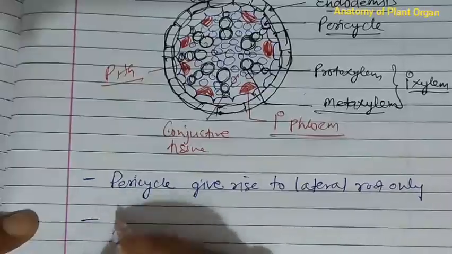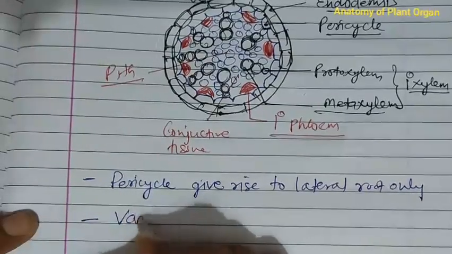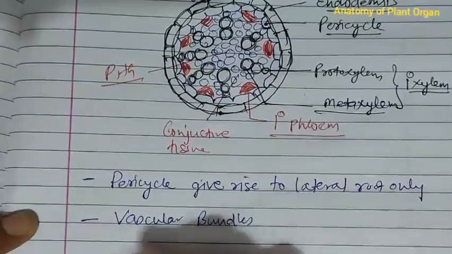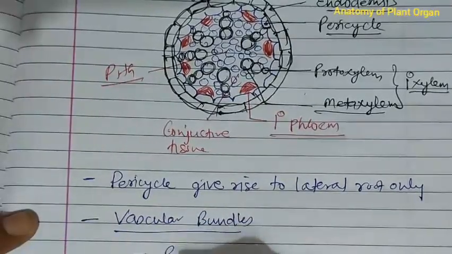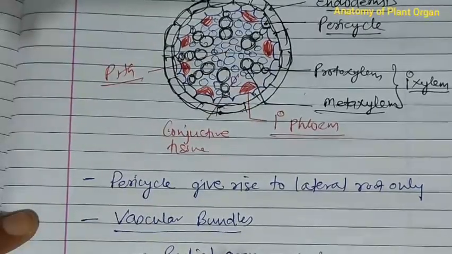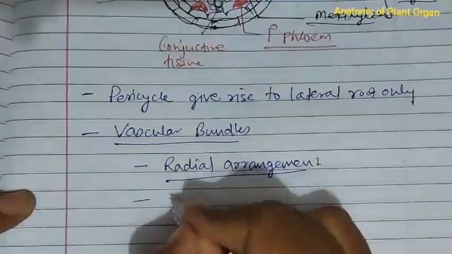Then inner to pericycle, if we talk about vascular bundles, they have radial arrangement, but with radial arrangement the vascular bundles are more than six.